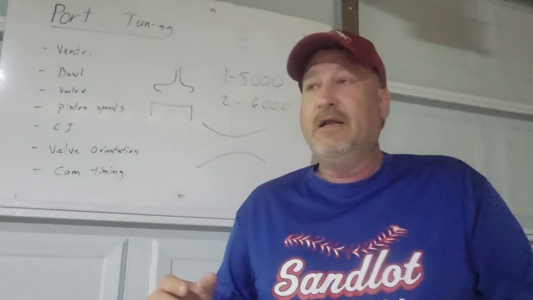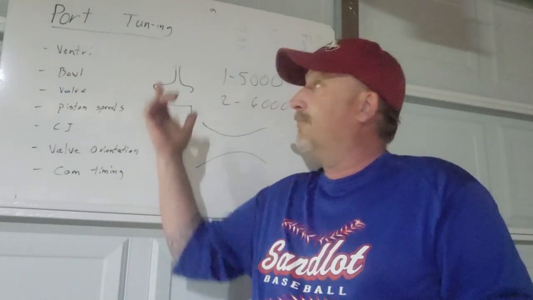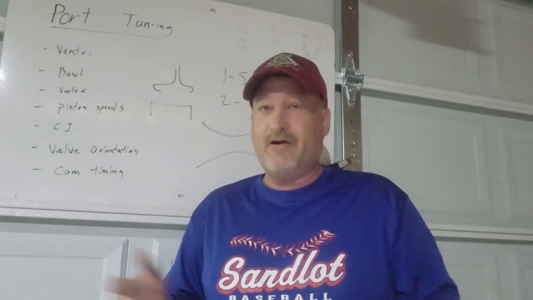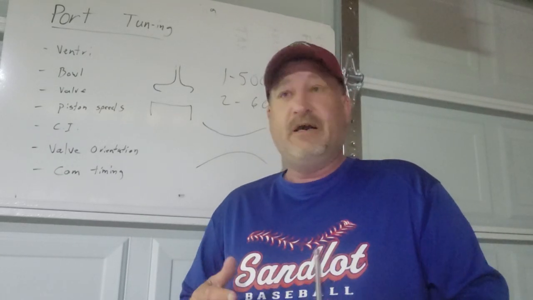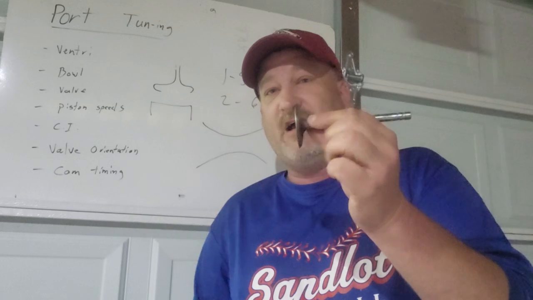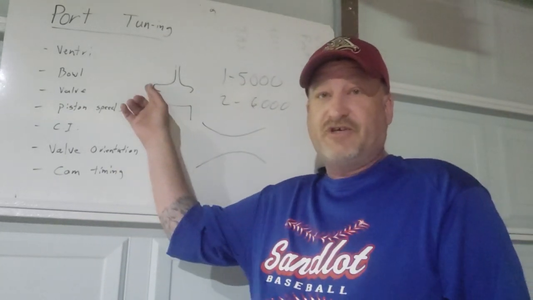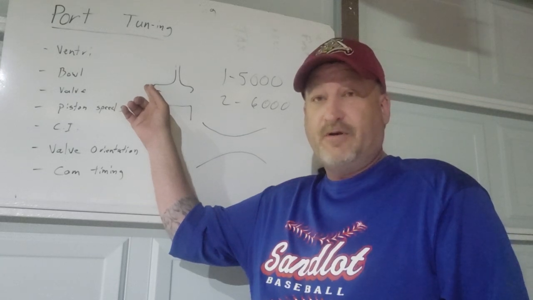Okay, now that is normally something that's going to assist your port tuning at lower RPMs, but we know that at higher engine RPMs, even with a non-canted engine, again saying that 6,000 plus, having a flat-faced valve allows more of the pressure to be shifted to the other side of the combustion chamber.